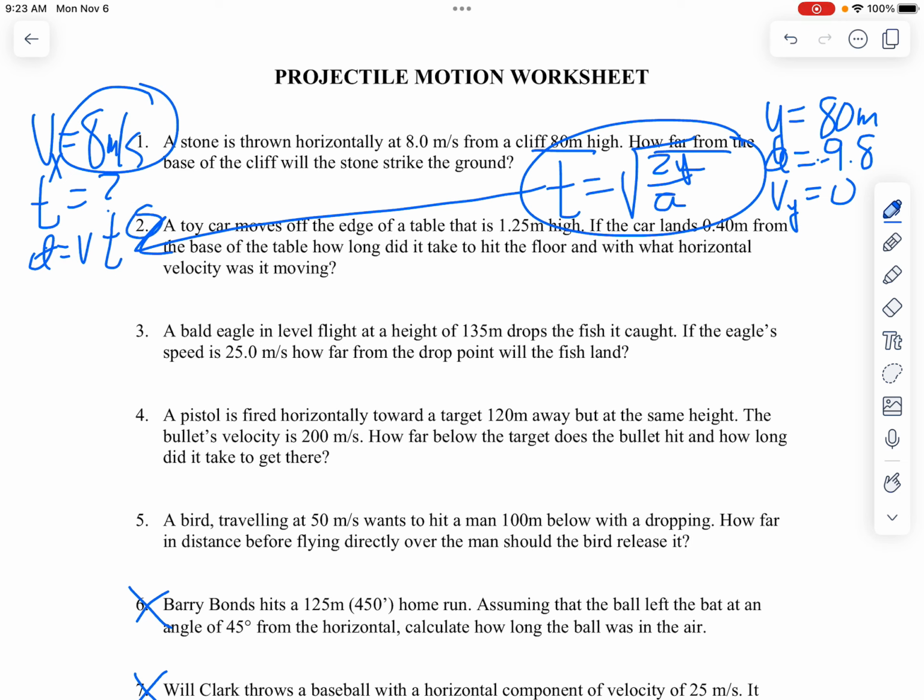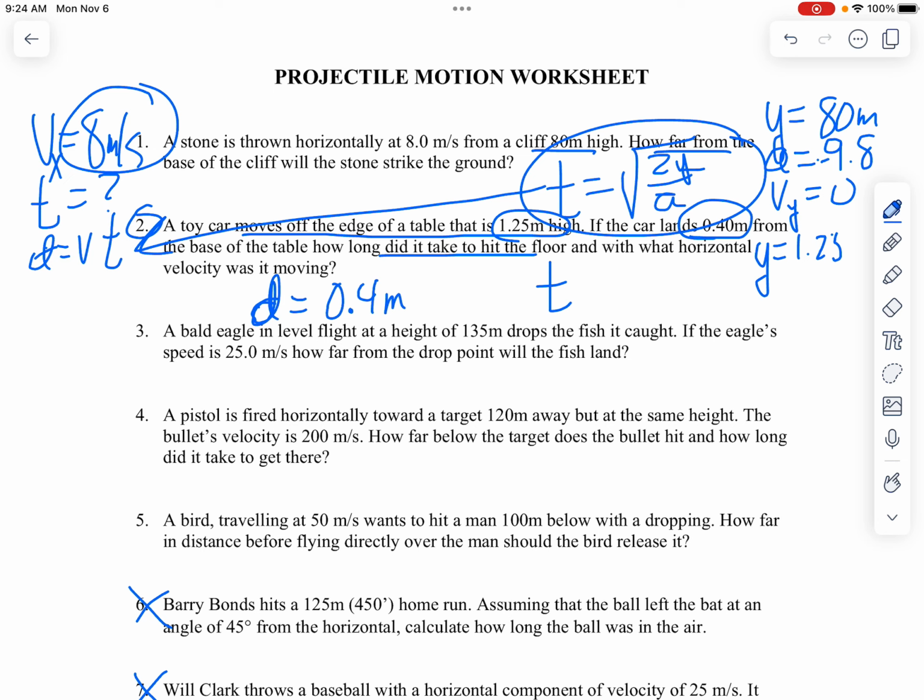Okay? Moves off the table at 1.5. Okay, so this is giving you a y value. Table is a y value of 1.25, sorry. Car lands 0.4 meters, so it's giving you a distance. This is a horizontal distance here. How long did it take to hit the floor, and with what horizontal velocity was it moving? So I'm going to need time again.